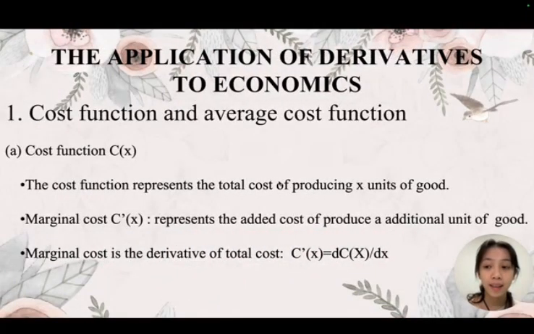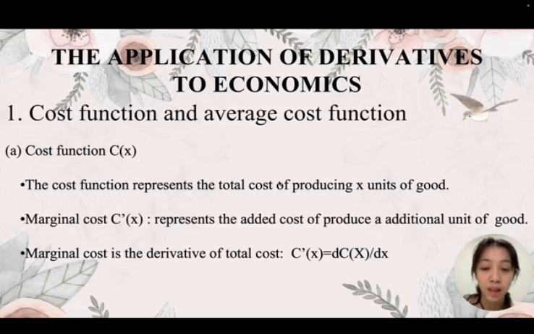I will begin with the cost function and average cost function. The cost function is the total cost of producing x units of goods, and marginal cost is the derivative of total cost.